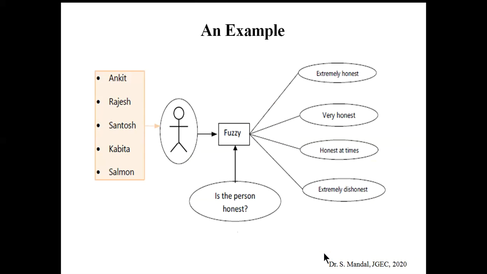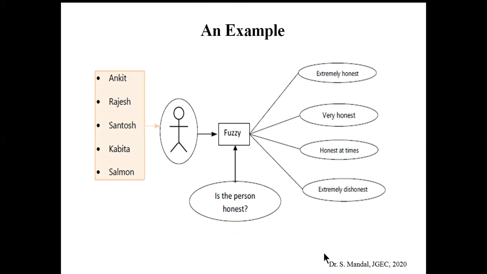Now coming to an example, consider five persons, like Ankit, Rajesh, Santosh, Kavita and Salman. If I ask whether that person is honest, the answer can be like he is extremely honest, he is very honest, he is honest at some time, or he is extremely dishonest.